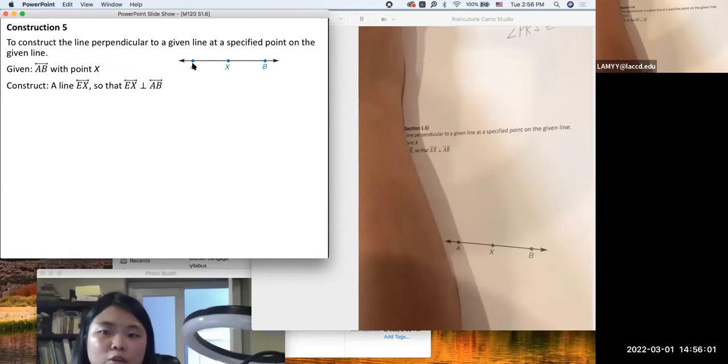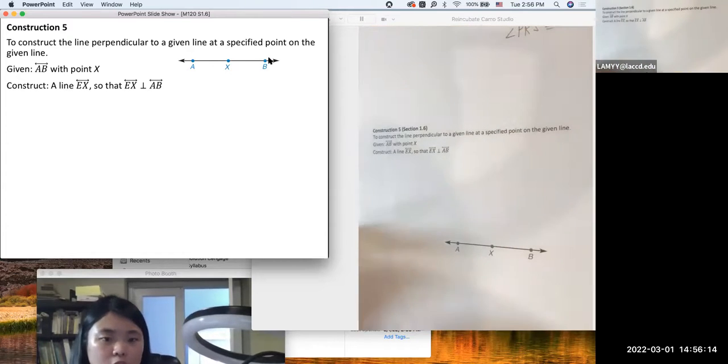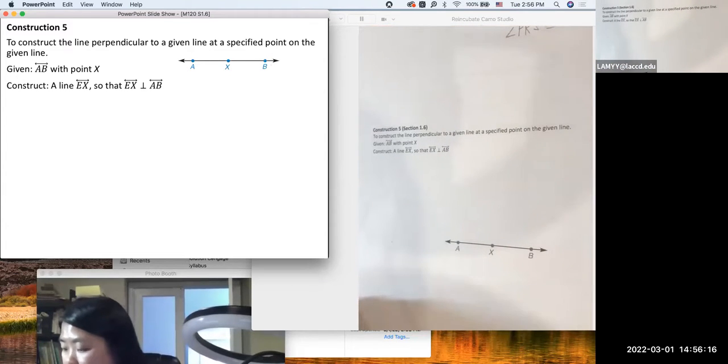So the line AB with the point X. And I want you guys to construct a line EX. So I want you guys to get a vertical line here. And EX will be perpendicular to AB.